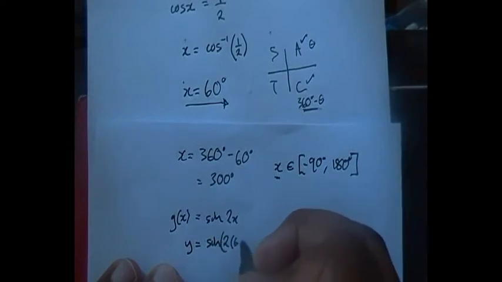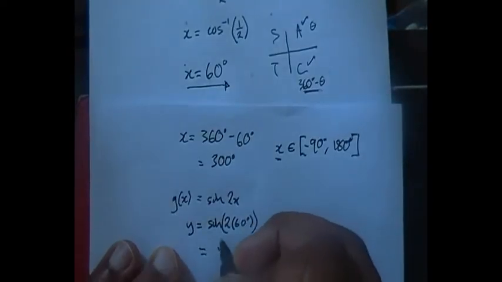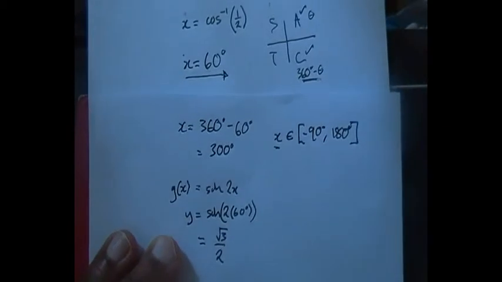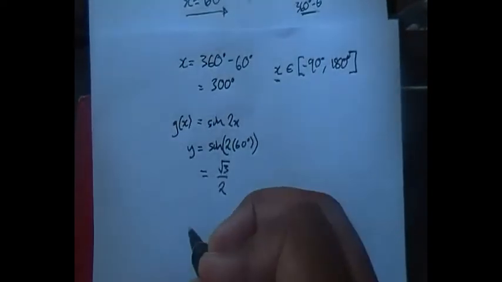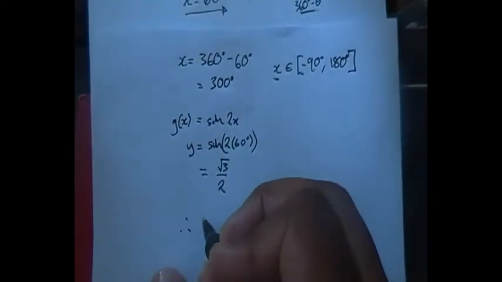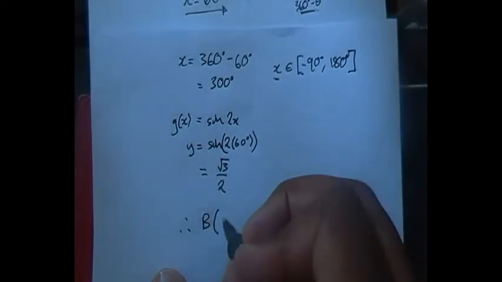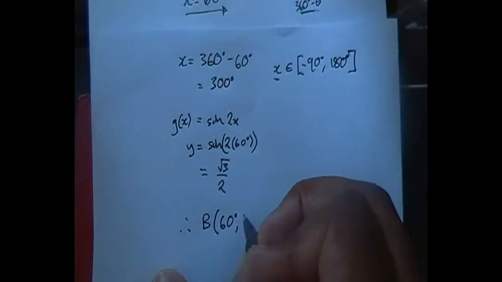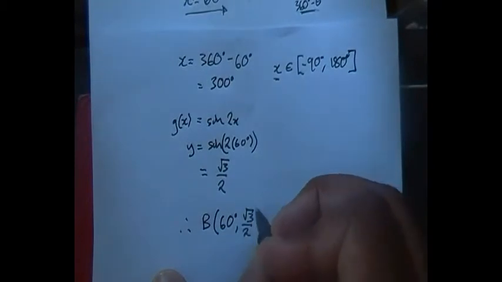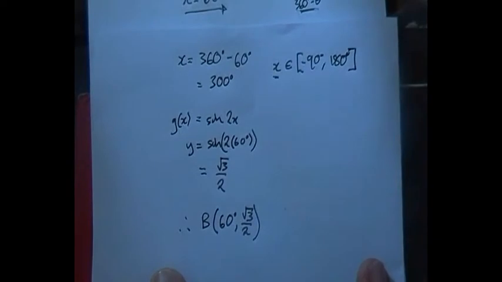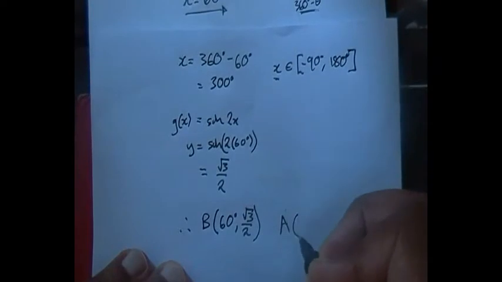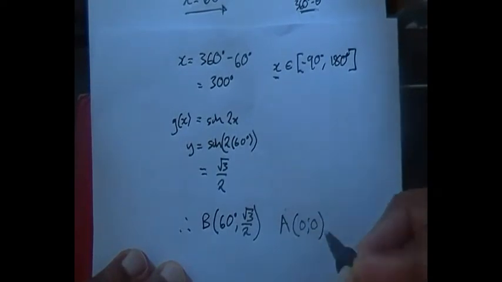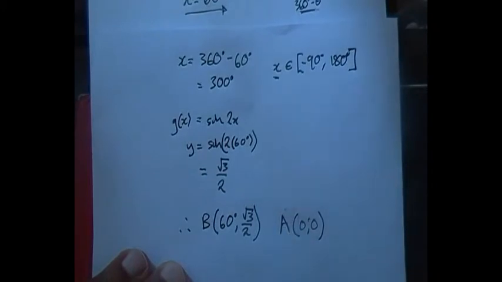So sine of 2 times 60 degrees, and on my calculator I found that to be square root 3 over 2. You can try that with a half tan x, and you're going to get the same solution. So the coordinate of B is x being 60 degrees and y being square root of 3 over 2. While A is clear, it's 0, 0. We can see that from the graph already, no need to work anything out there. So those are the coordinates of B and A.